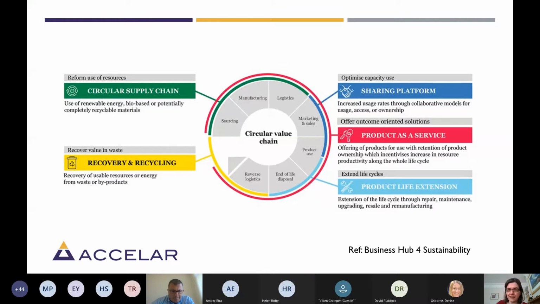Product as a service is a really interesting one. So instead of buying something, can you get access to a product that you might want for the time that you want it, and just pay for that time? We already see a lot of this, especially with cars. So there's Zipcar, where you can just go online.